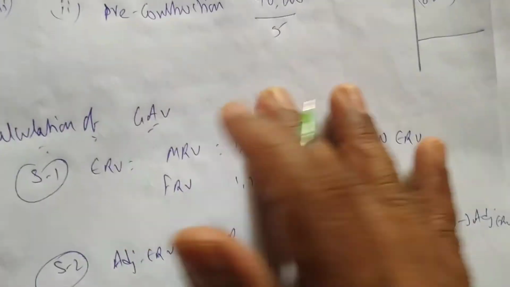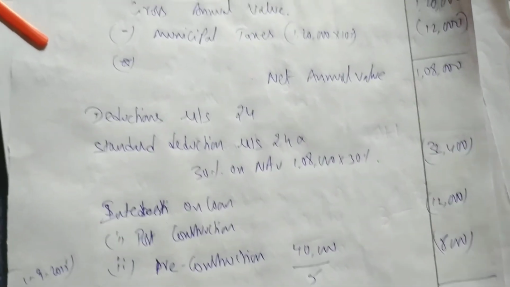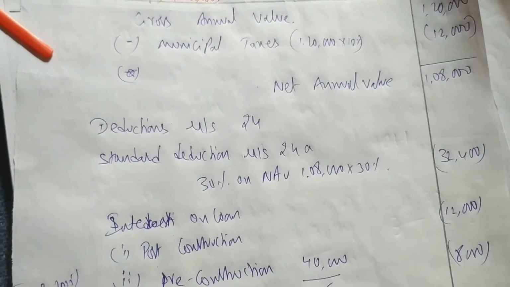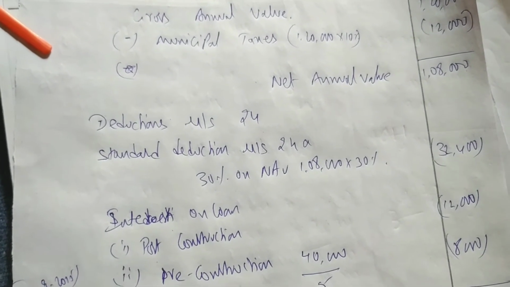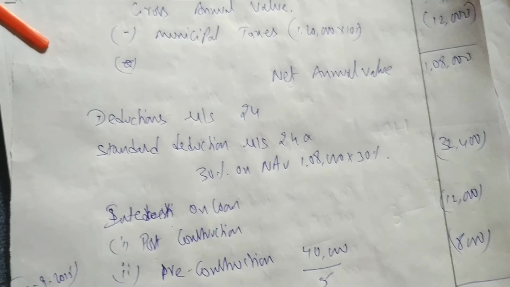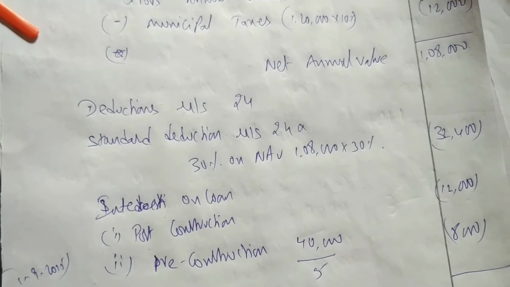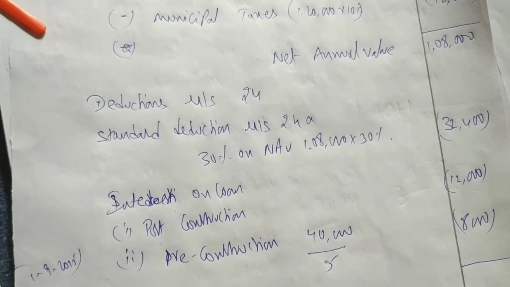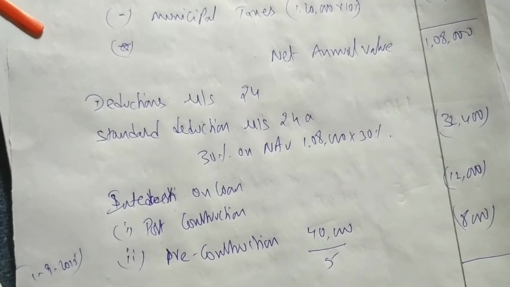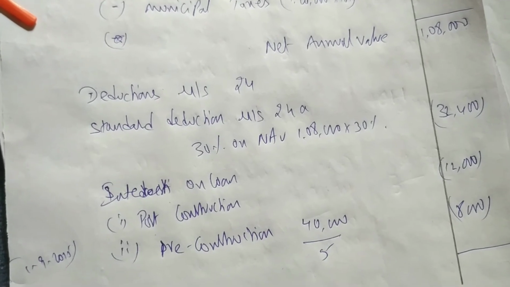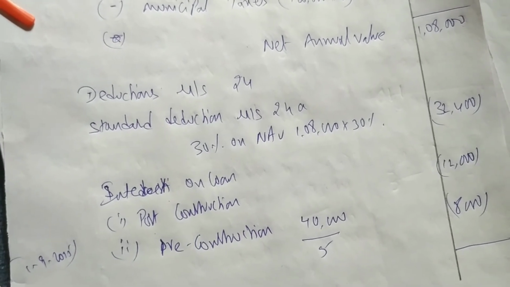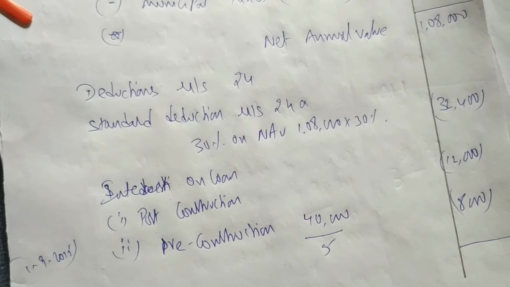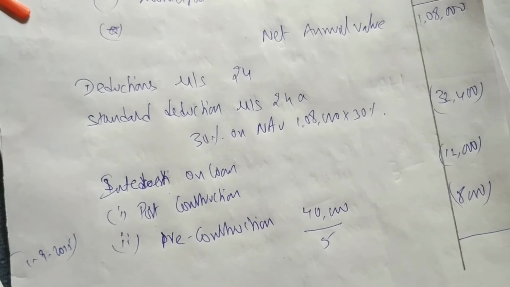Got it. Done. So then 1,08,000 minus 32,400 minus 12,000 minus 8,000.